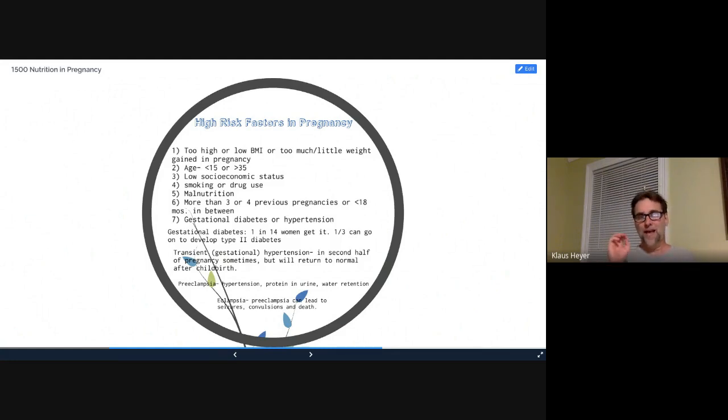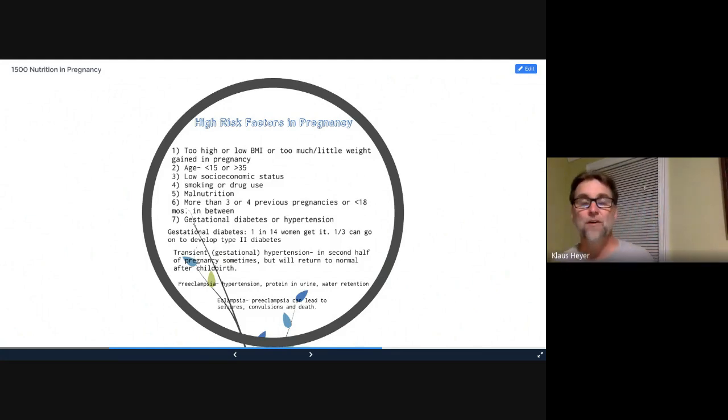So that sweet spot, biologically speaking, is somewhere around 19 to 24, something like that. But after you get 35, things start happening. The pregnancies become more difficult. And of course, under 15, you're still developing as well. So a 15, 16, 17-year-old girl is still developing herself, and there's a baby developing.